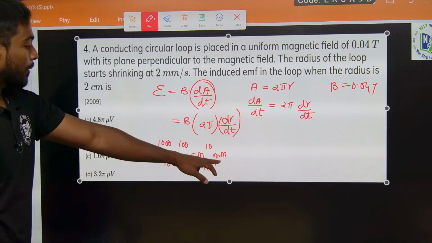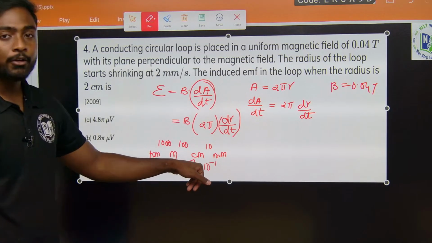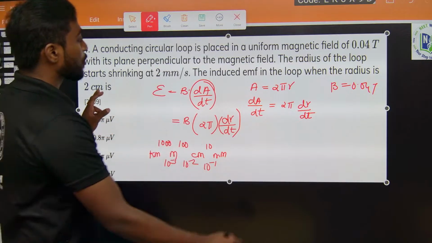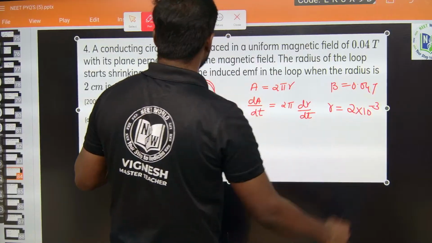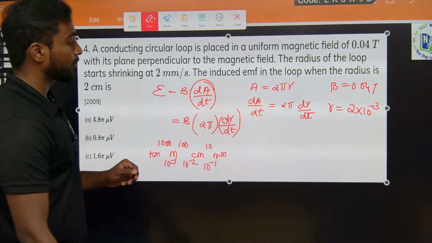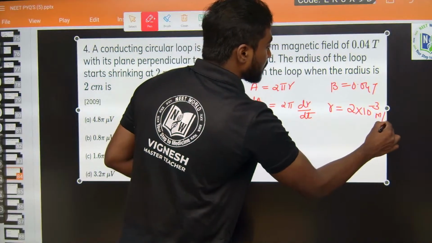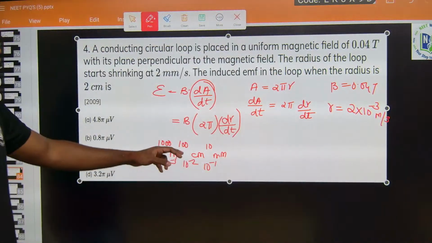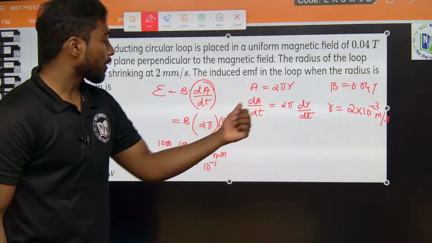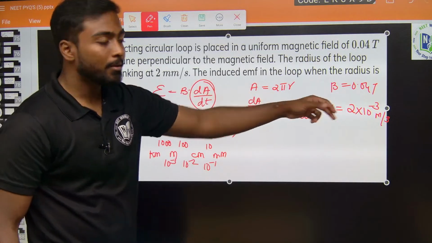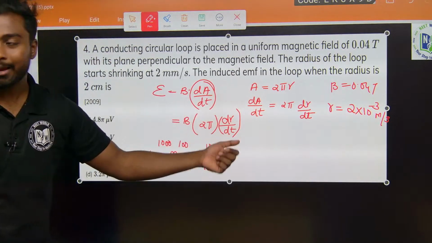From millimeter to meter I should convert into 10 power minus 3. So dr by dt is equal to 2 into 10 power minus 3 meter per second. If I substitute the values, 2 pi into 0.04 into 2 into 10 power minus 3, I will get the answer.